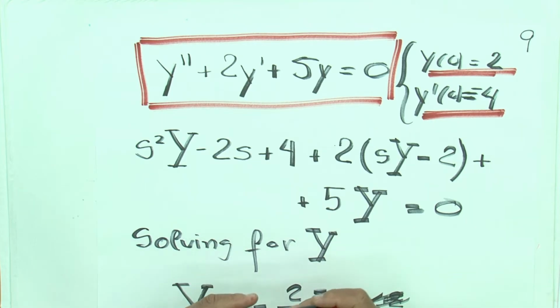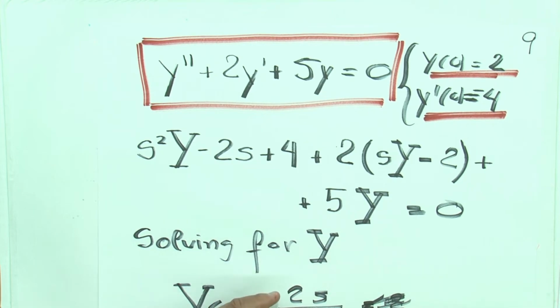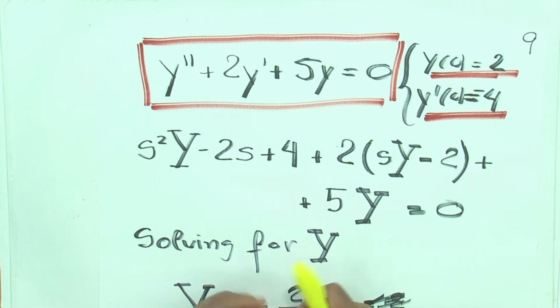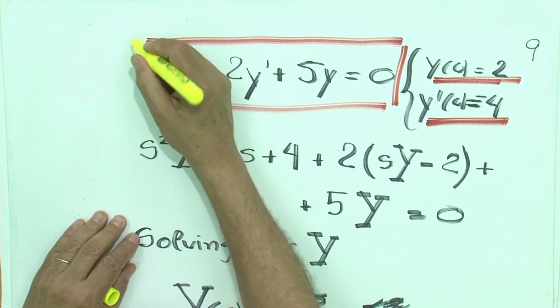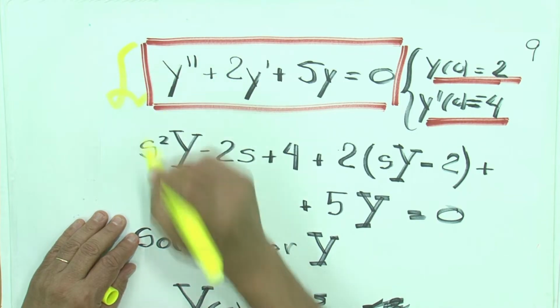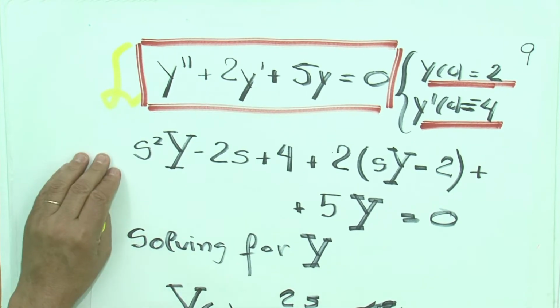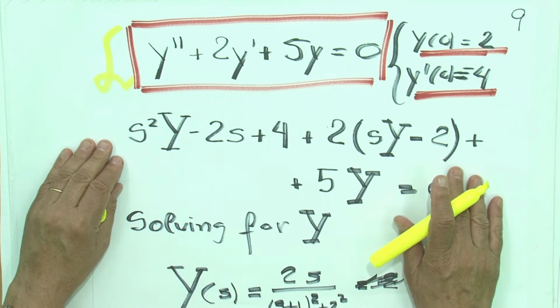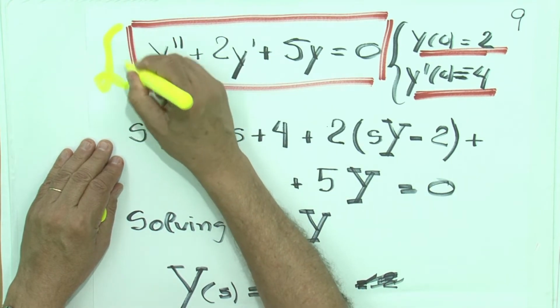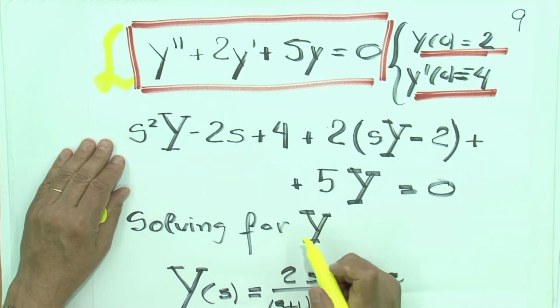What am I going to do with this equation? Well, you know already that I'm going to take the Laplace transform of the equation itself. That's the method.